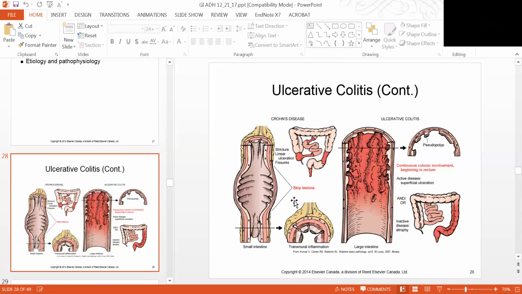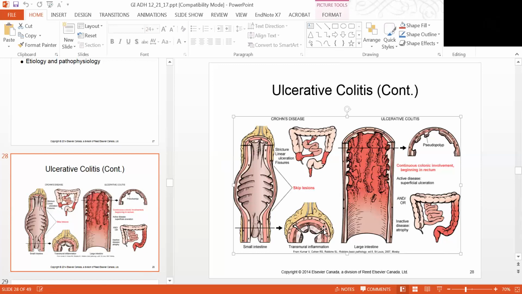Conversely, compare this to Crohn's disease. Crohn's can be anywhere in the GI tract, and they have what they call skip lesions. As you can see, there is one in the bowel, but it occurs throughout the entire GI tract, and you can see where it's pinched here.